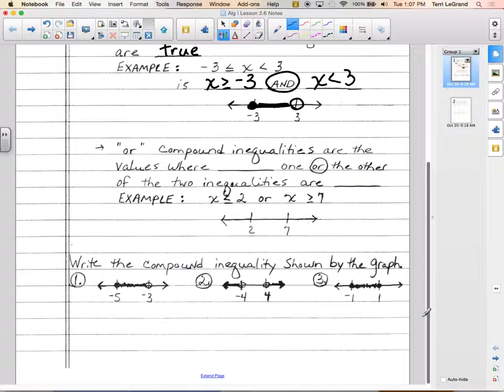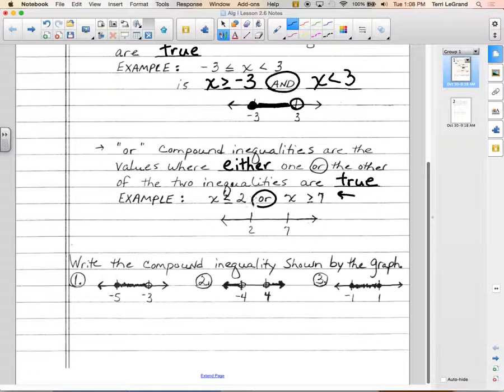Just so, or compound inequalities are where you get either one of them. Either one or the other of the two inequalities is true. It only has to make one of them true. It does not have to make both of them. And notice the difference between our example this time and our and example when we're talking about it in algebraic form.